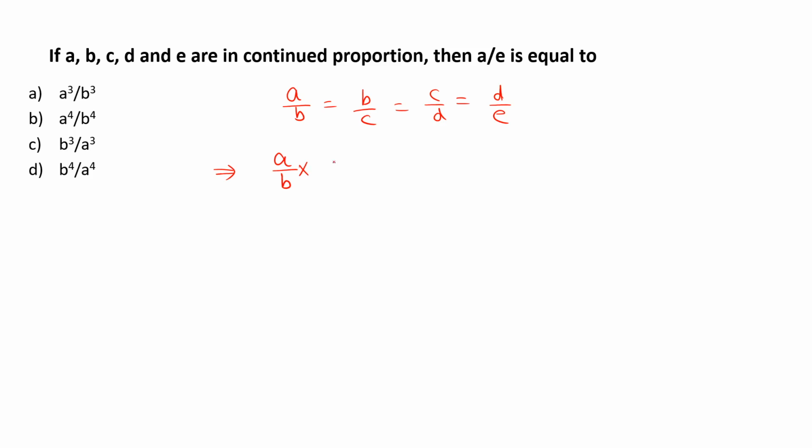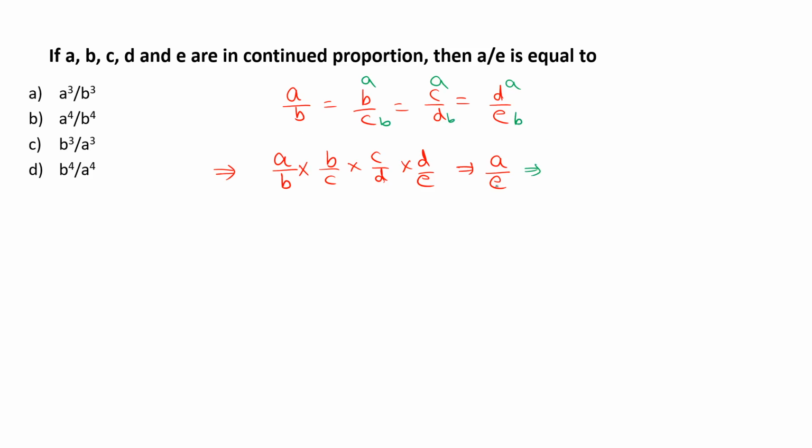That means A by B into B by C into C upon D into D upon E. We come up with A upon E, but we need to find the actual value of A upon B. Let us assume that when A upon B is equal to B upon C, we can take A equal to B and B equal to C. In the same manner, let us assume all this B as A, this C as A, and this D as A, this C as B, this D as B, and this E as B also.